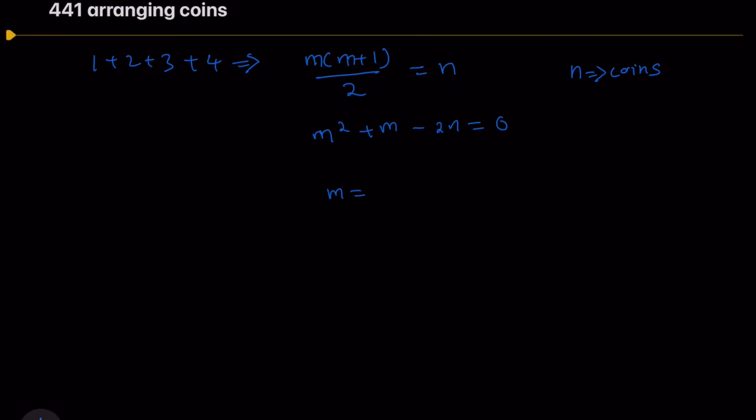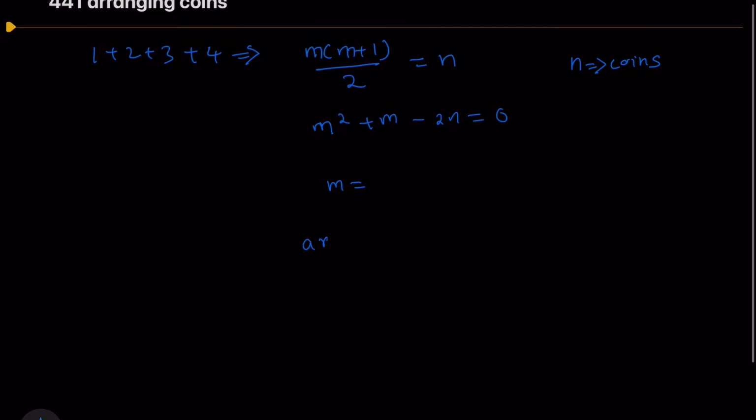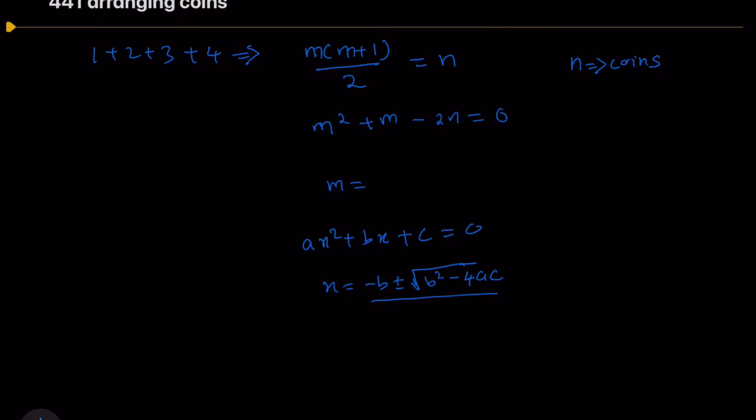The formula for solving a quadratic equation like ax squared plus bx plus c is x equals minus b plus or minus root of b squared minus 4ac over 2a. So we can solve this using this formula.